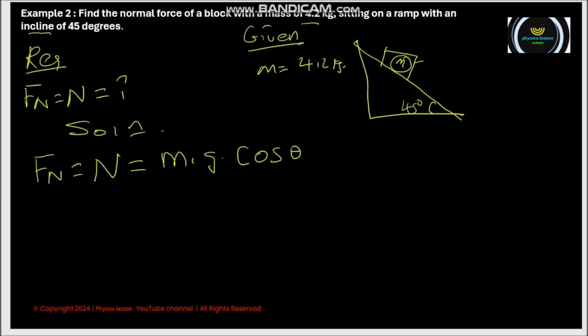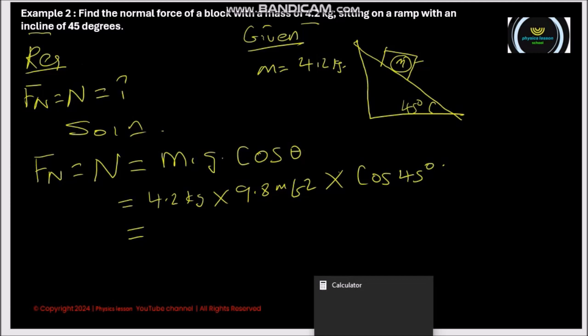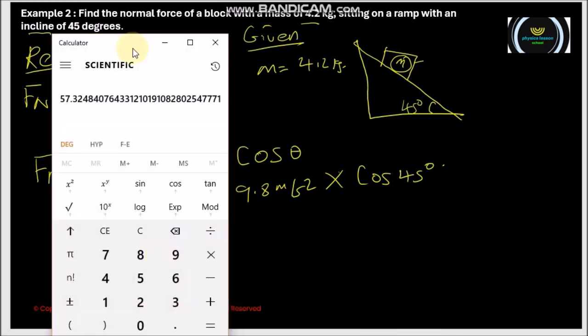So the mass is 4.2 kilogram times gravity. Take g always 9.8 meter per second square because it's popular, times cos 45 degrees. Now we can use our calculator.